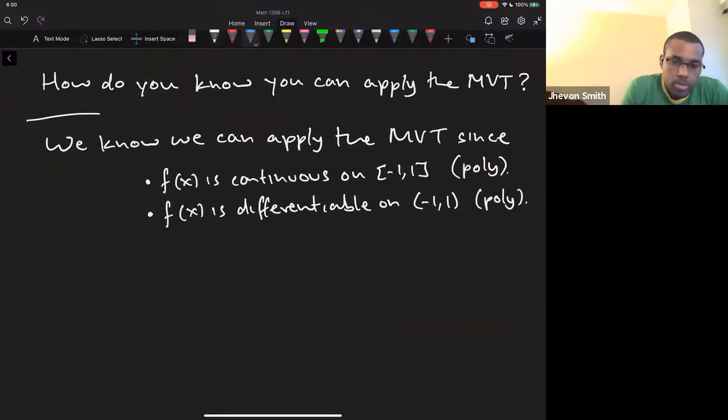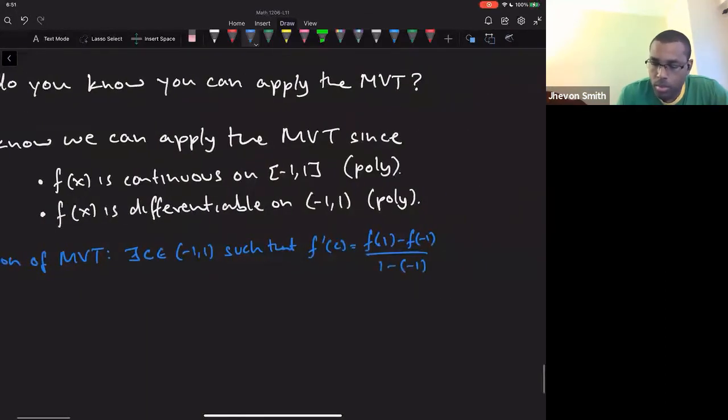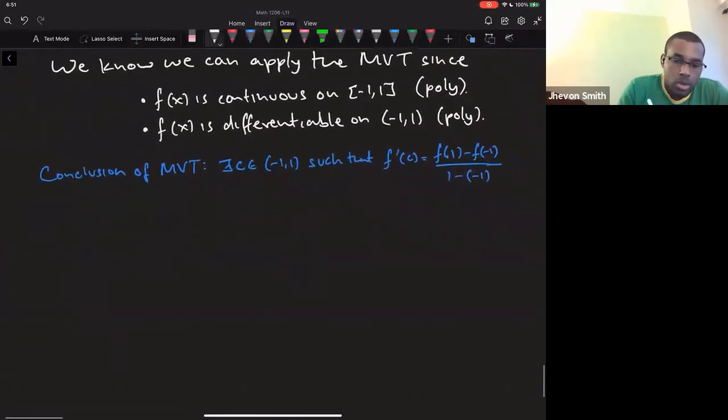So the conclusion of the MVT is there exists some c in -1 to 1 such that f prime of c is equal to f of 1 minus f of -1 over 1 minus -1. So that's what we're going to figure out.